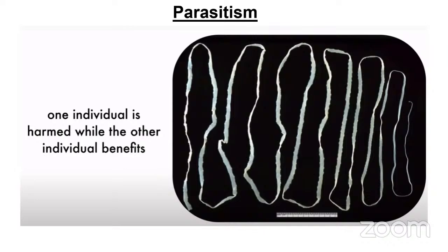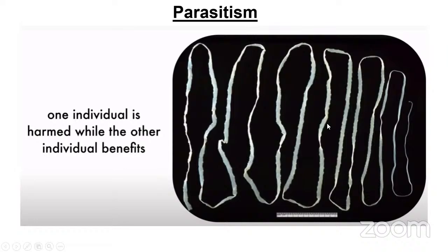In turn, the food energy which was supposed to be used for the growth of the human being is now being used by the tapeworm for its survival and growth, as a result of which human beings sometimes get infected with some diseases and their growth is hampered. This type of relationship is known as parasitism, where the human being is getting affected due to the tapeworm residing inside the small intestine.